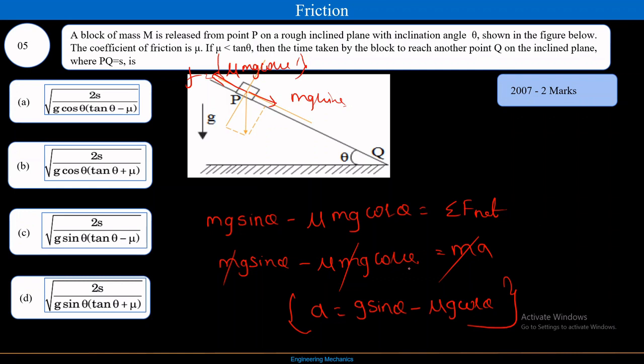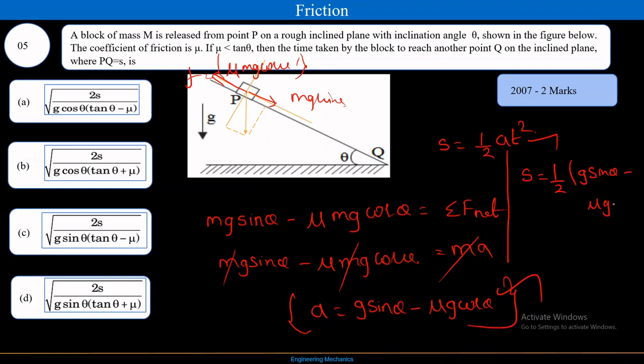So I found my a. Now s is equal to half a t square, and since I know a, my work is to find t. S is equal to half into g sin theta minus mu g cos theta into t square.